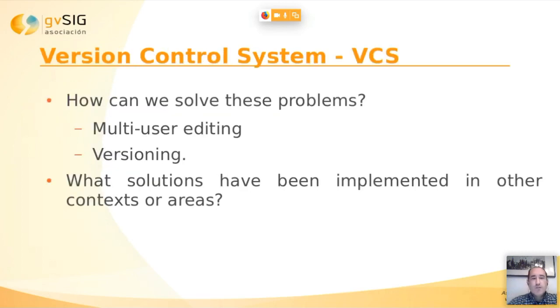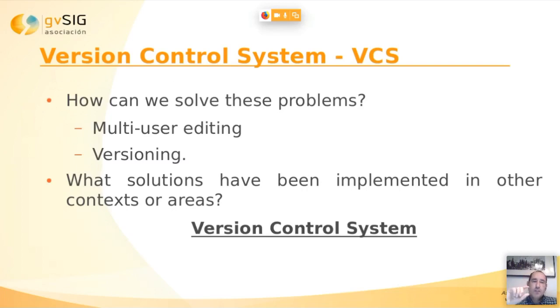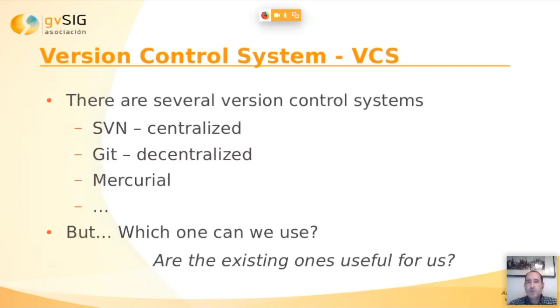So how can we solve these problems for multi-user editing and versioning? Are there any solutions implemented in other areas? For this problem, we can use version control systems. Currently, there are several version control systems.